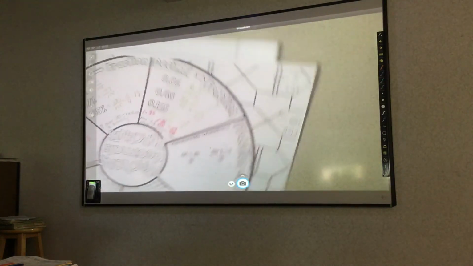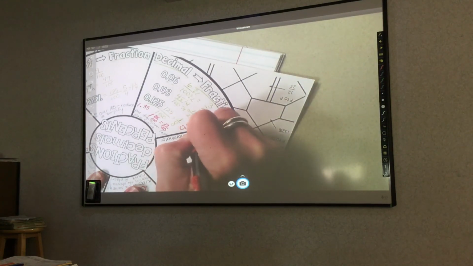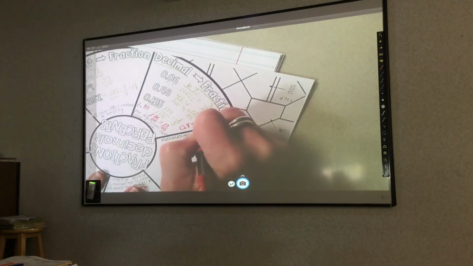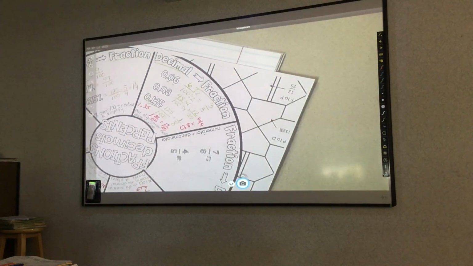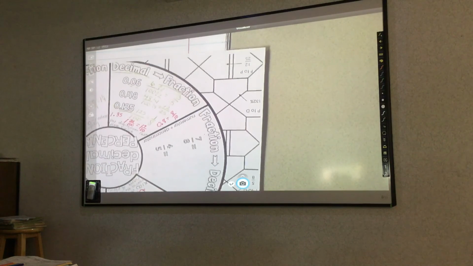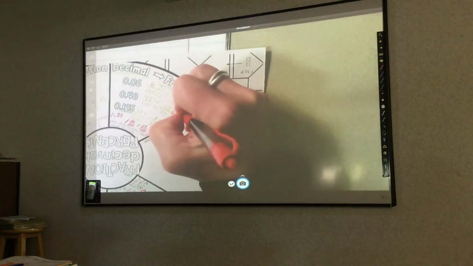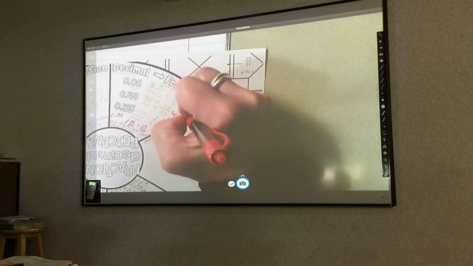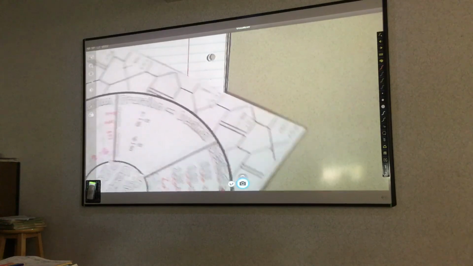Yeah, I can give another example here. 0.8 is written as 8 tenths. And yes, it can be reduced to 4 fifths.